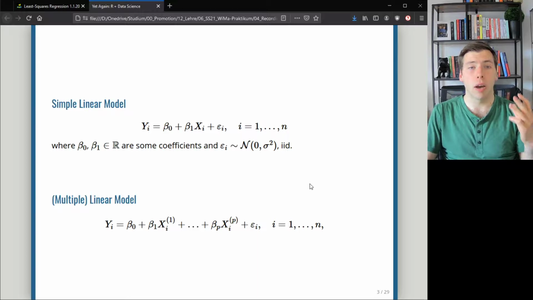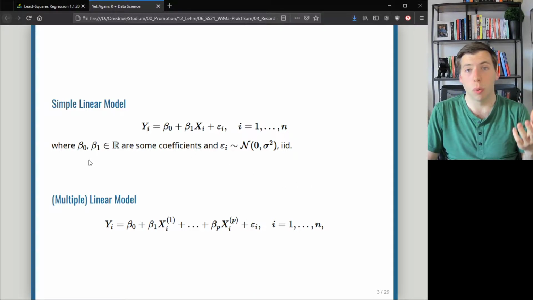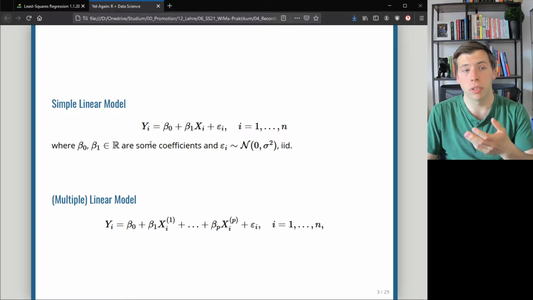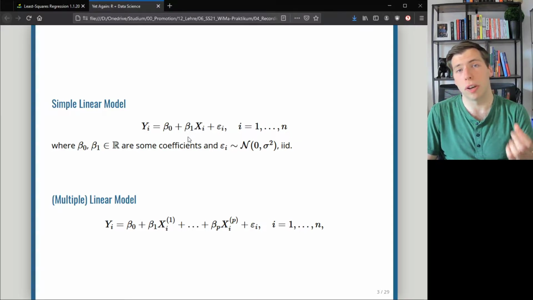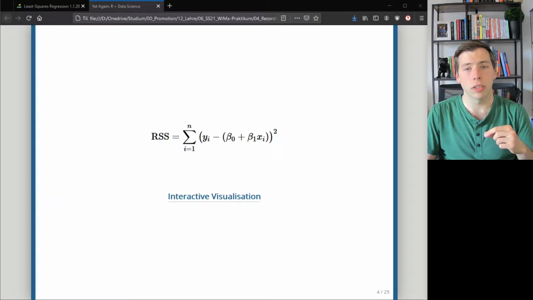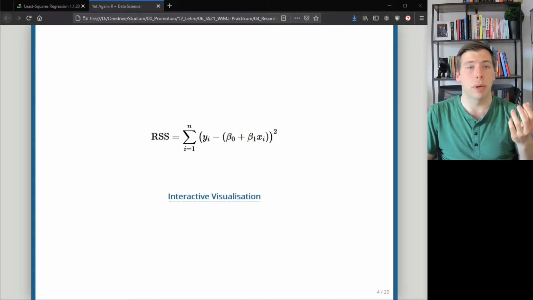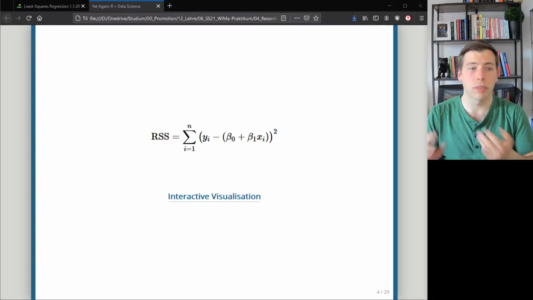Okay, how do we find these coefficients? This is basically the goal of trying to find a linear model. You have to know what the predictors are, which I assume is a given. But then the point becomes finding the values of these coefficients. This is usually done by minimizing the residual sum of squares.